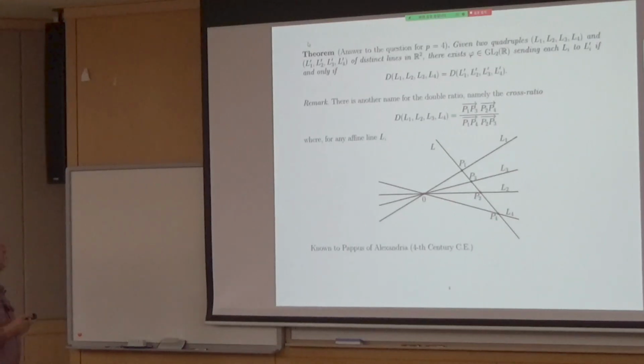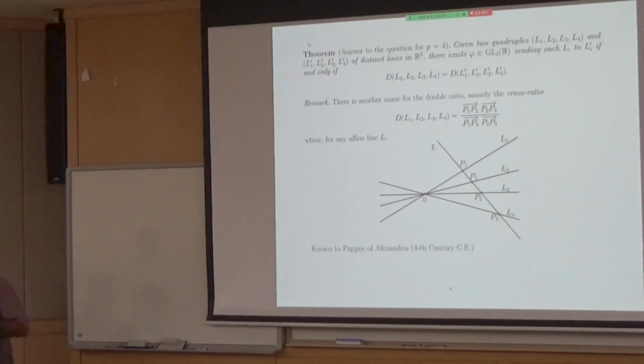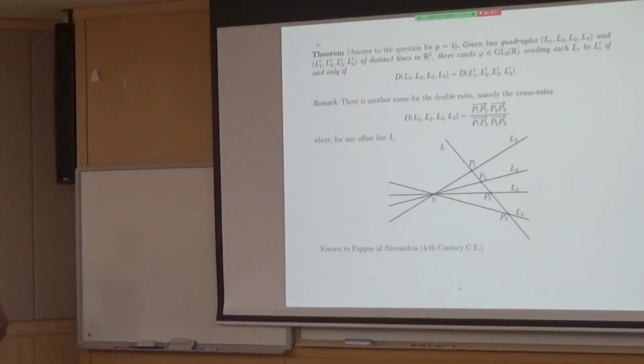We saw that there was a map sending L1 to L1 prime, L2 to L2 prime, L3 to L3 prime, sending the first 3 lines to the other 3 lines. And then if you look at what you need for that map to send the 4th line to the 4th line, that's exactly the equality of these double ratios. Okay, so you do that by hand. It's very simple linear algebra.